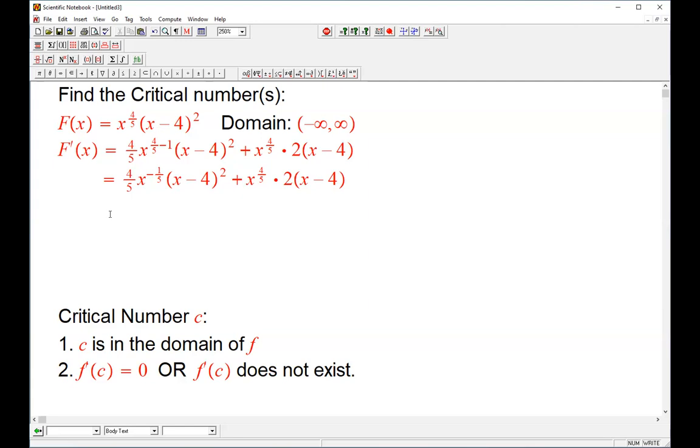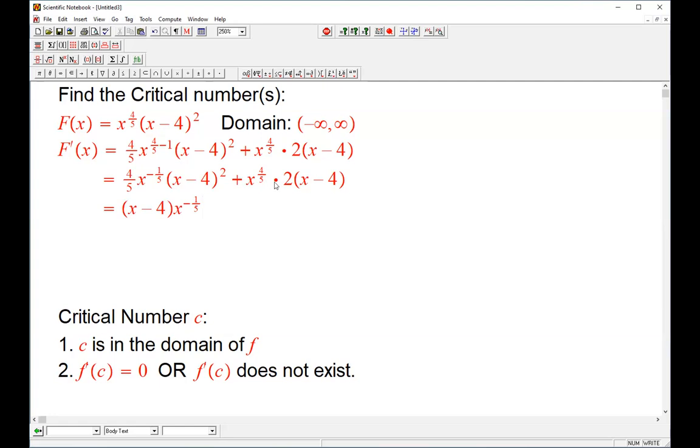How do we simplify this function? It looks like we can factor out x minus 4. Okay, we can factor out x minus 4. And we can also factor out x raised to the power of negative 1/5. Okay, we can factor out this piece.